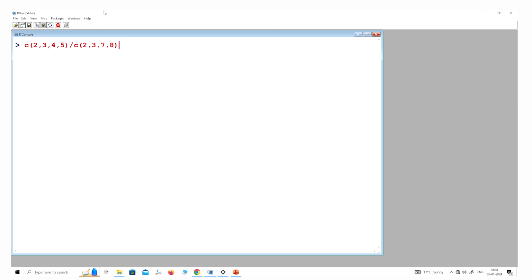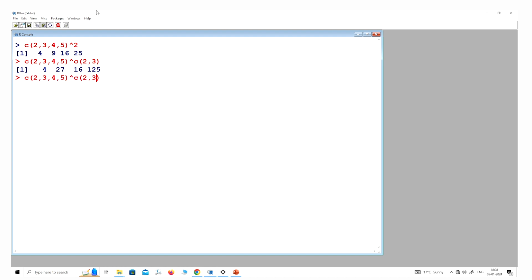And similarly, if you take the power operator, you can see that if I take the first data vector and the second as a scalar, this is going to operate over each of these numbers. And if I take the second number as a data vector of multiple length, then it is going to be like this.